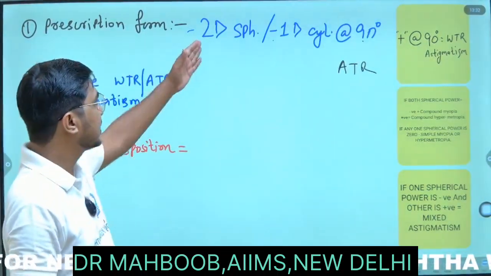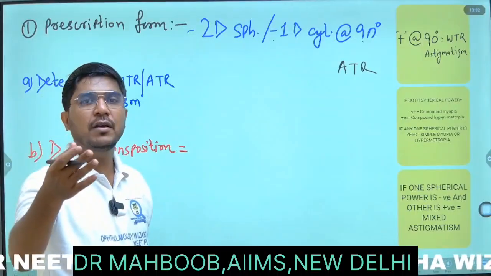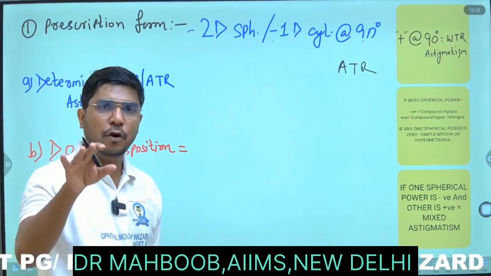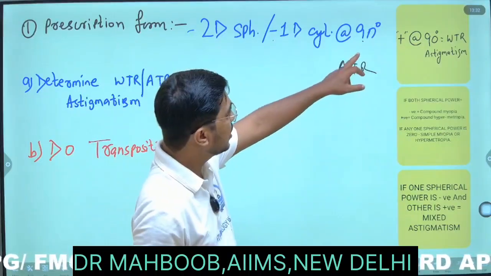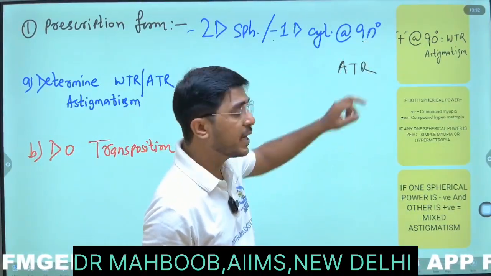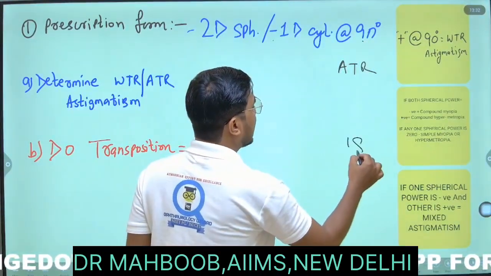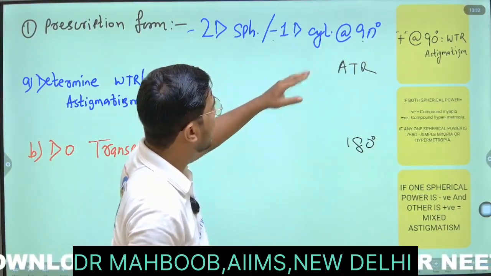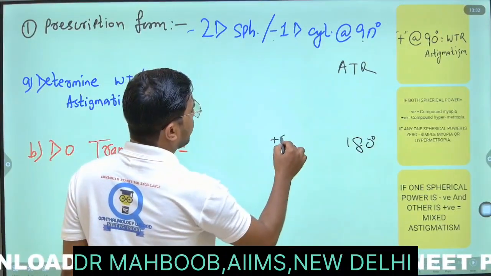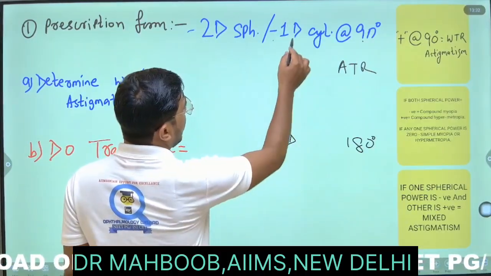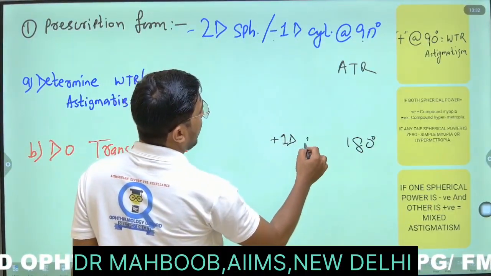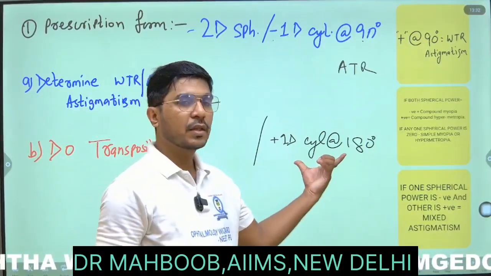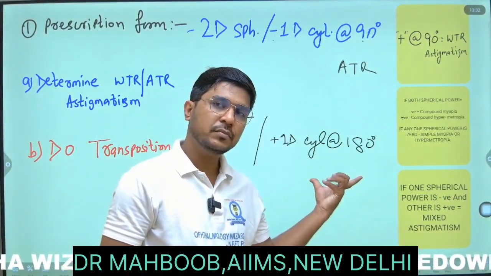So for this prescription, we have another transposition form. How to write that form? For 90 degree, you write 180 degree. For minus 1 diopter cylindrical, just change the sign. Minus 1 diopter is converted to plus 1 diopter cylindrical at 180. So you get the cylindrical power.